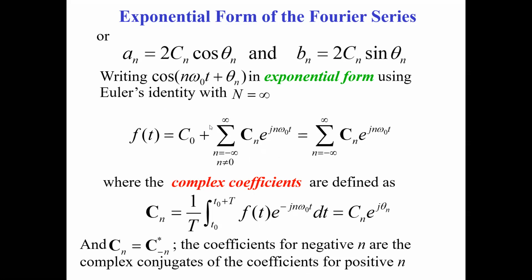If we write the exponential form, the complex coefficients are defined as Cn, where Cn is defined like this, e^(j theta) t. And Cn is equal to the conjugate of C minus n. The coefficients for negative n are the complex conjugate of the coefficients for positive n.